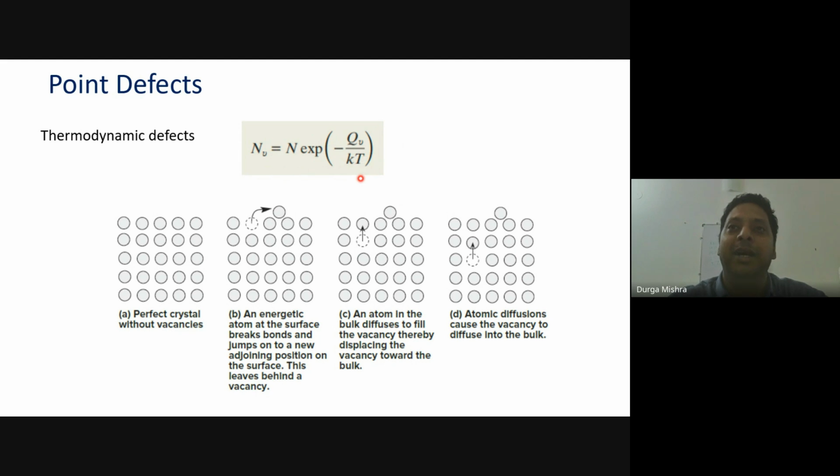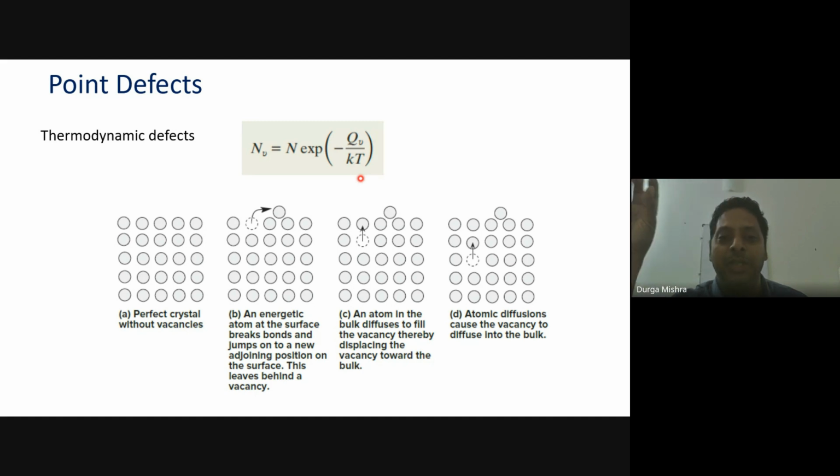You can imagine if you go close to the melting temperature of the material, for example, this N_V factor will be of the order of 10 to the power minus 4. That means you will have a vacancy of the order of one in 10,000 atoms.